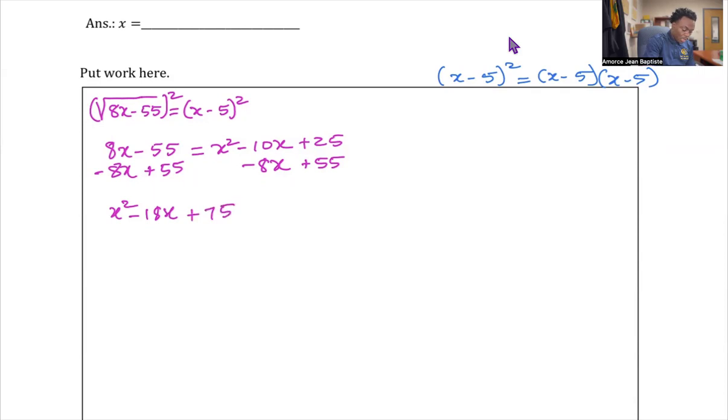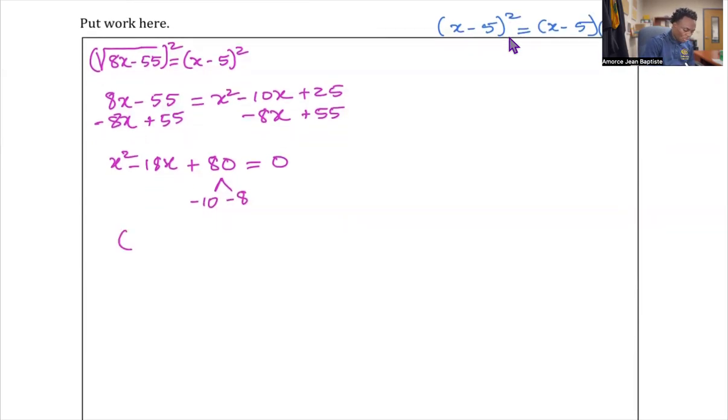plus 80 equals 0. Two factors of 80 that add up to negative 18 are negative 10 and negative 8.